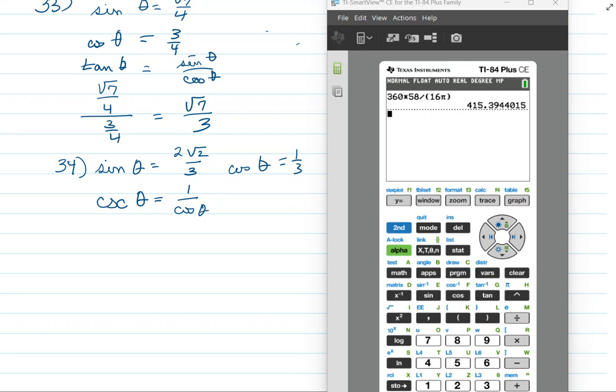Secant is cosine. Cosecant, no, this is sine. Sorry. Yeah, there you go. I got brain freeze. Okay, so it's the reciprocal of that, which is 3 over 2 square roots of 2. We're going to multiply by the square root of 2 to rationalize the denominator.